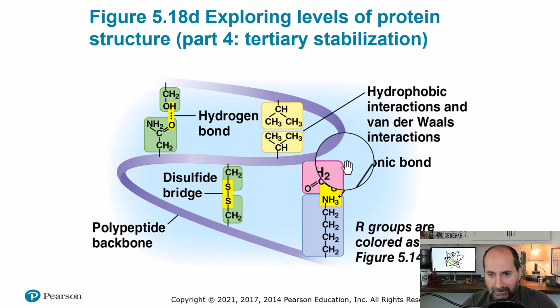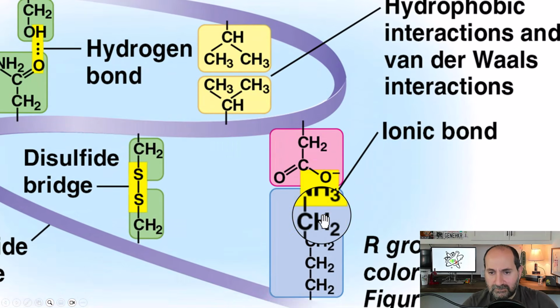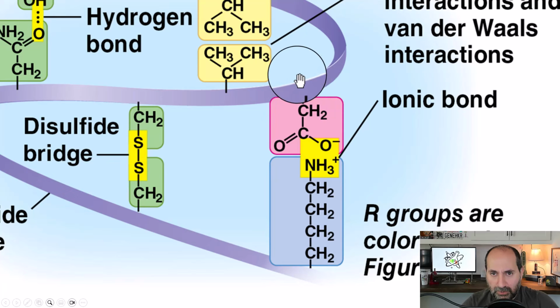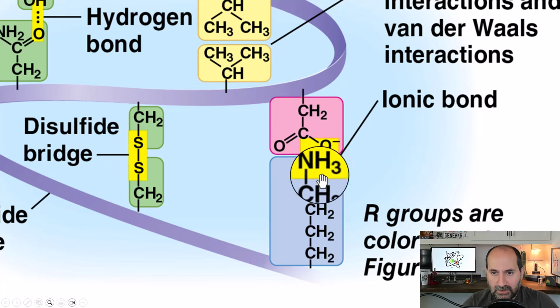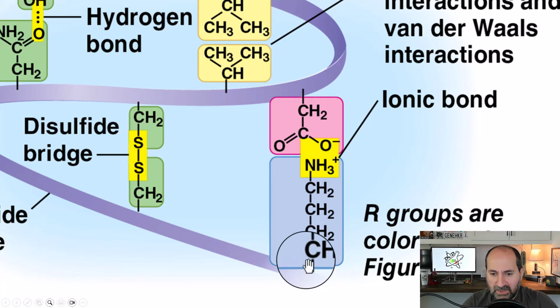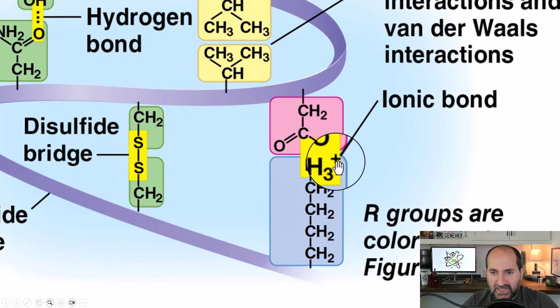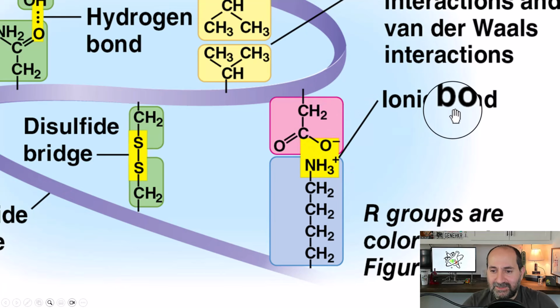Look, right here, you've got one pearl with its R group that's acidic, negatively charged, and then another pearl with its R group that's basic, positively charged. When those two R groups come into contact, when those two pearls come into contact, they will form an ionic bond.